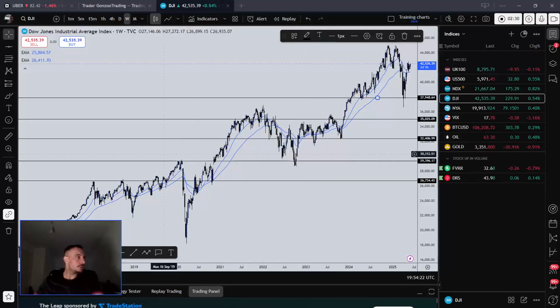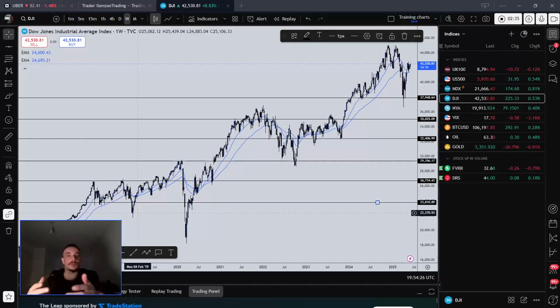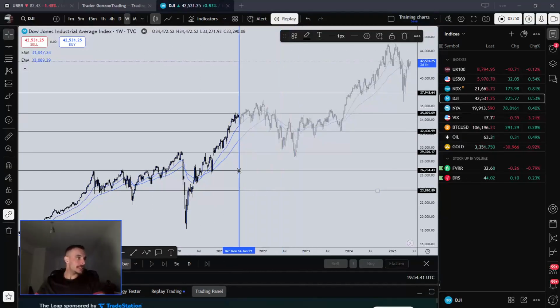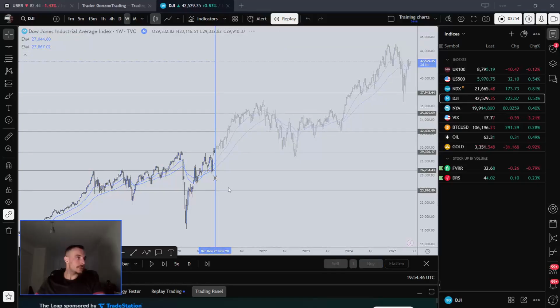So basically what we can do is, on the higher time frames, just identify key areas of interest where the price has reacted previously, and then go down to lower time frames and try to see how the price is moving on those occasions.